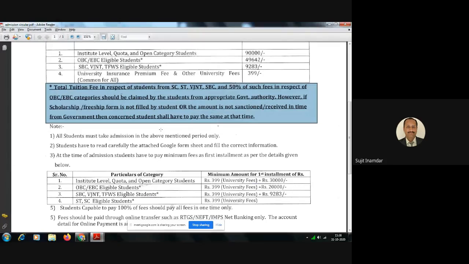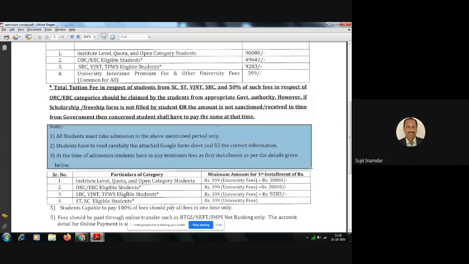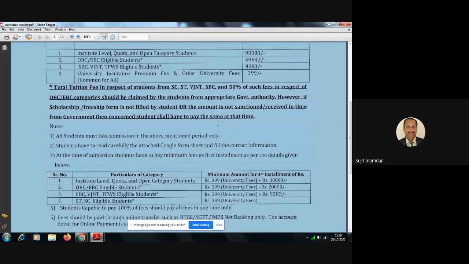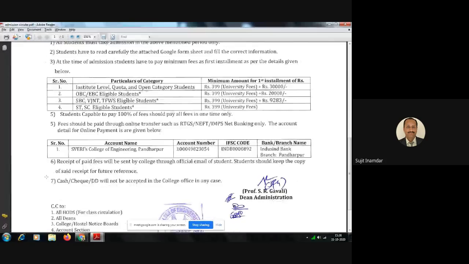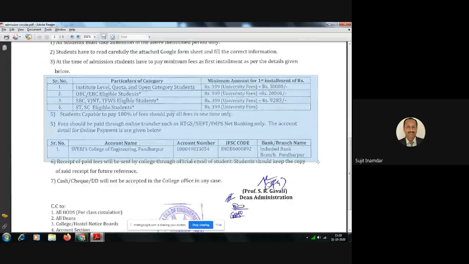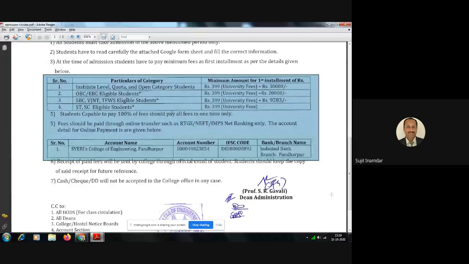And if you do not apply in time, you will definitely have to pay the full fee. So it is very important for you and your parents. As we cannot talk directly with your parents through this, this is the way we can communicate with you. As a first installment, you are supposed to pay as per this table. I also already sent it on the group, the account number is also there, don't make any mistake in this. And accordingly, you are supposed to pay the admission fee.